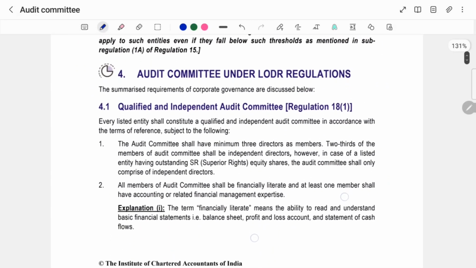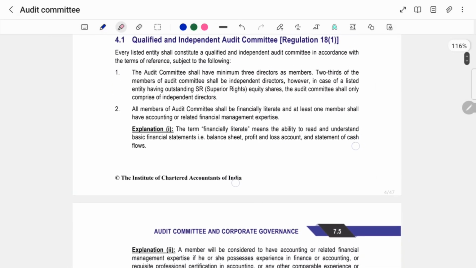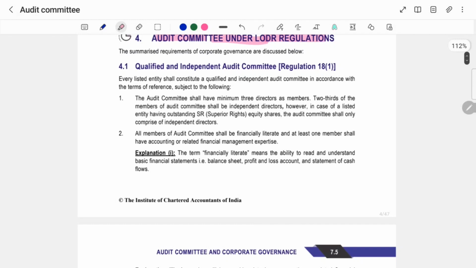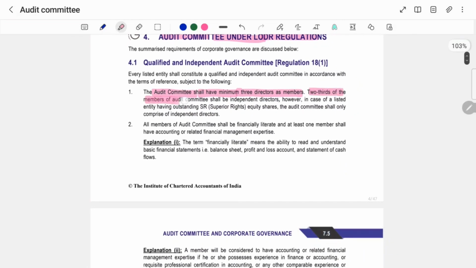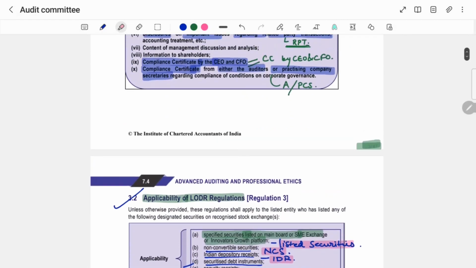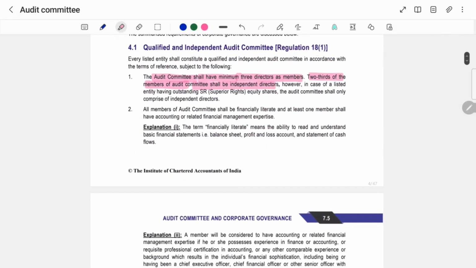Now if we come to the next topic, there is audit committee under LODR regulations. In this, the first point gives the requirements that the audit committee shall have minimum 3 directors as members. 2/3 of members of audit committee shall be independent directors, and in case of listed entities having outstanding SR, that is superior rights equity shares, the audit committee shall only comprise of independent directors.